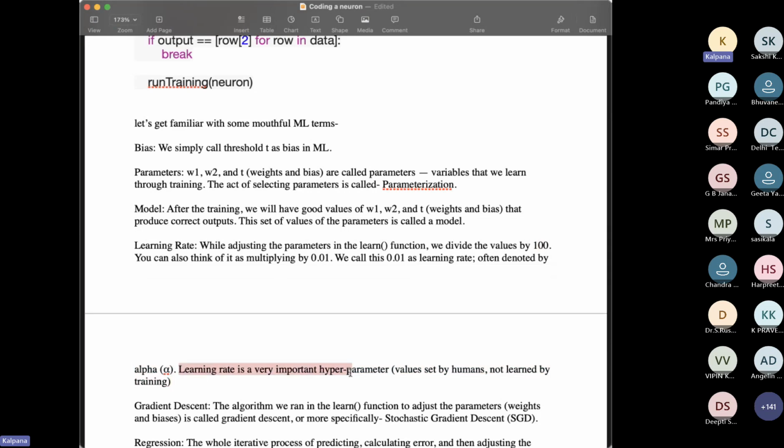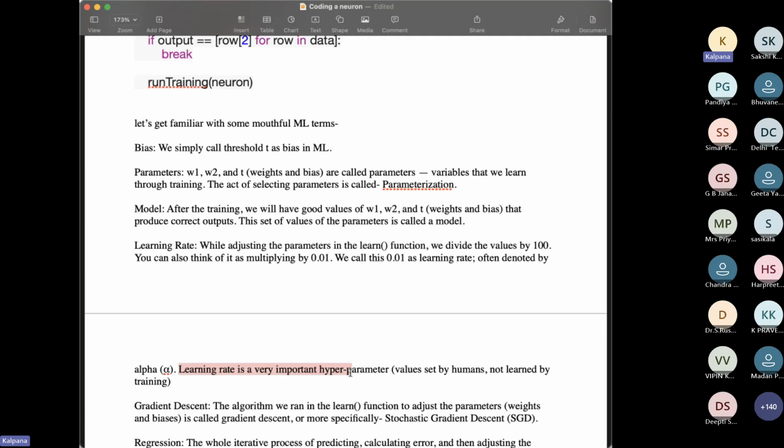Now somebody was asking me, how do I know the reasons my model is not working correctly? There can be various reasons, but first you see whether you have optimal data available to you, or a large amount of data available or not. Second is these hyperparameters, whether you are using a very high learning rate.